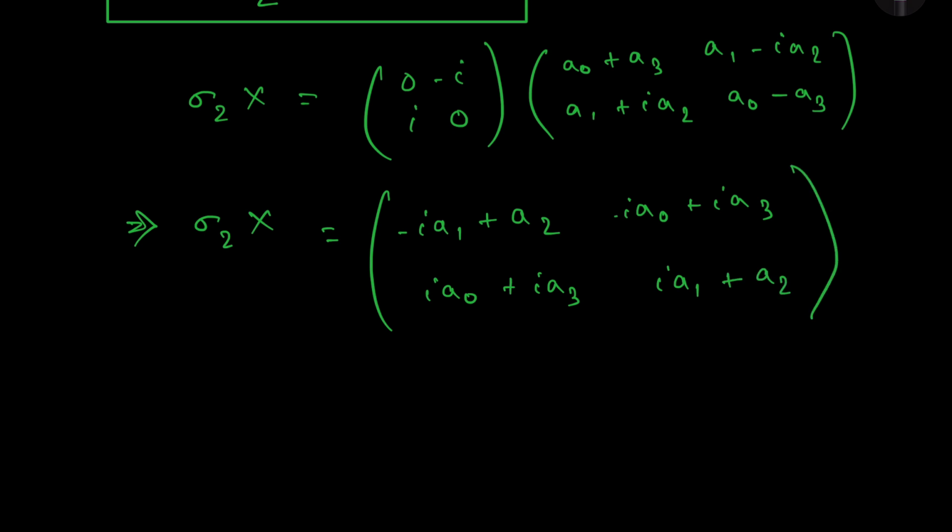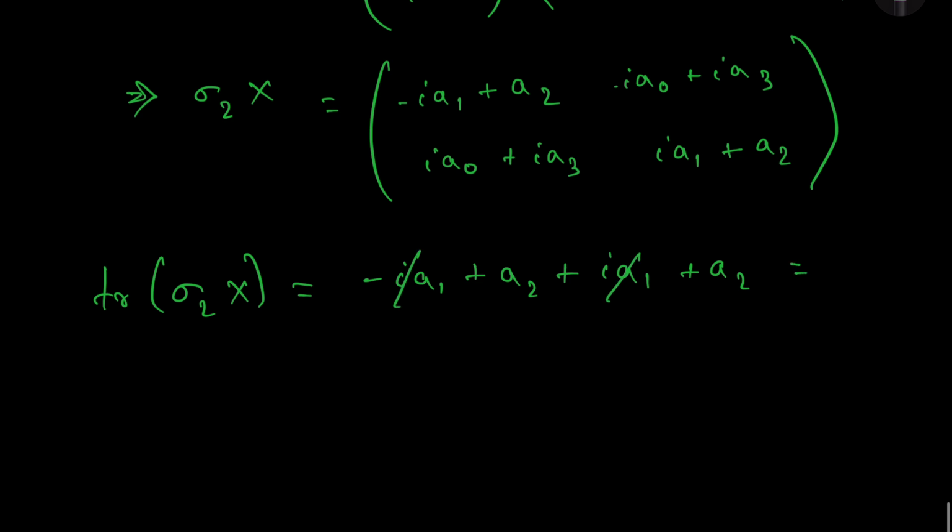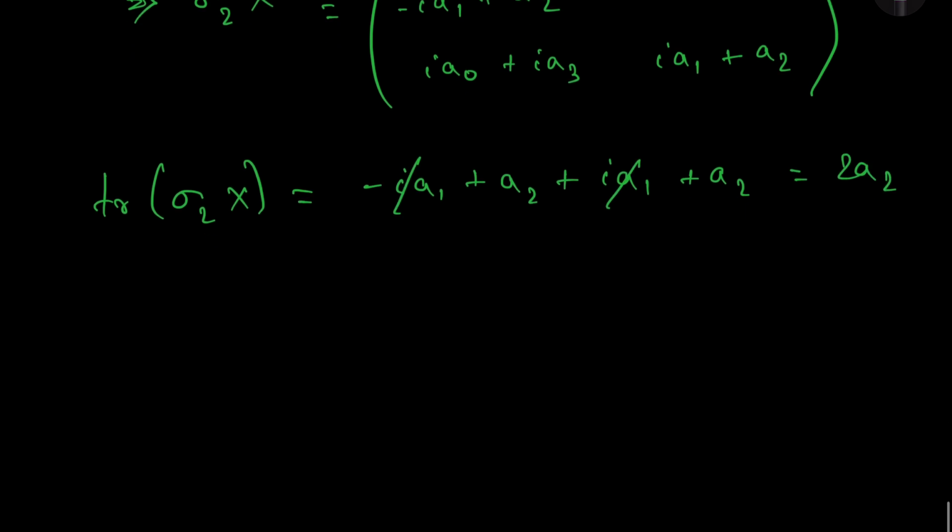So if we take the trace of this matrix, we get minus i a1 plus a2 plus i a1 plus a2. So these two terms cancel and we get 2a2. So a2 is just half of the trace of sigma 2 X.